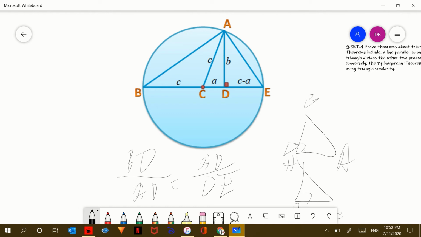So we know that let's say this is x. We'll name this A and this A because they're right angles, so they're both congruent.